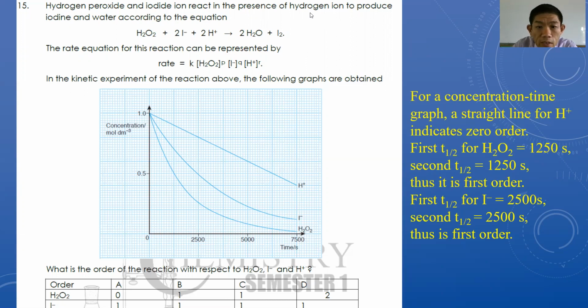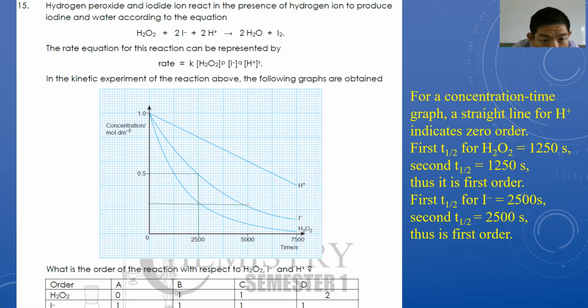Then if you look at the concentration of I minus, I'm going to show you. Okay, so the half-life at 0.5, if you notice carefully, is 2,500 seconds. And then the second half-life will be at 0.25, which will be somewhere around here.